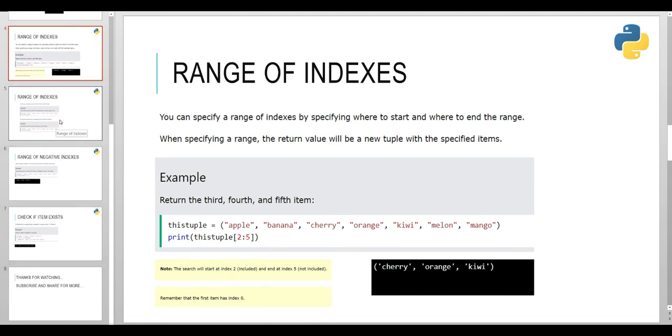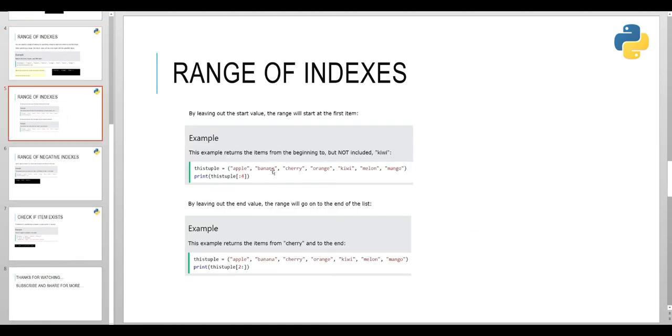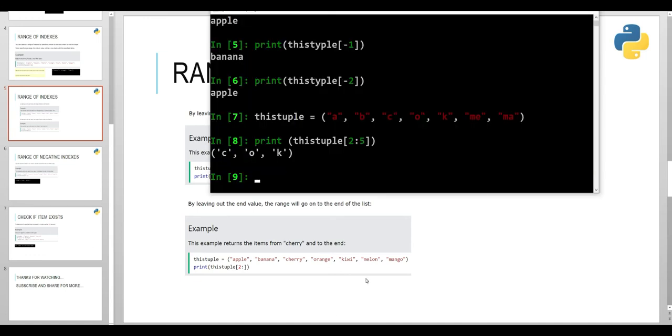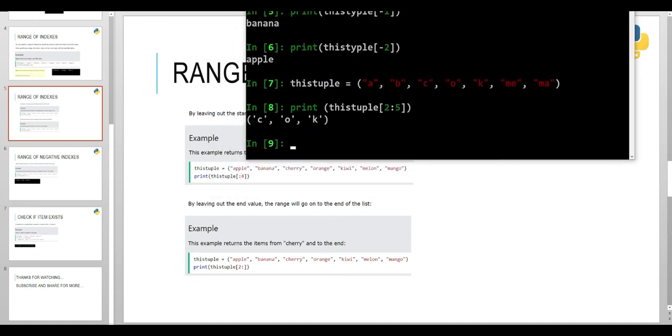Next we look at range of indexing. See here, if I don't give a starting point, if I leave it blank, by leaving out the start value, the range will start at the first item. So here we have our tuple ready.